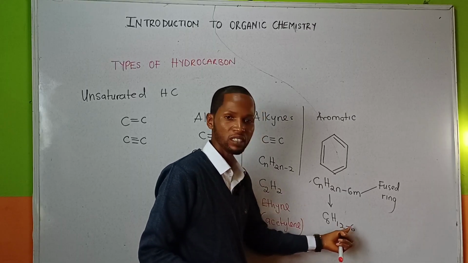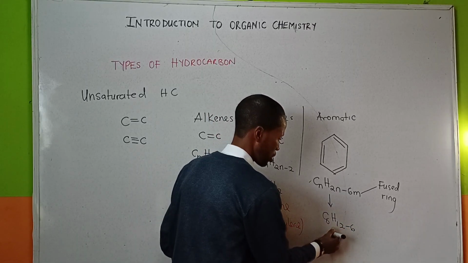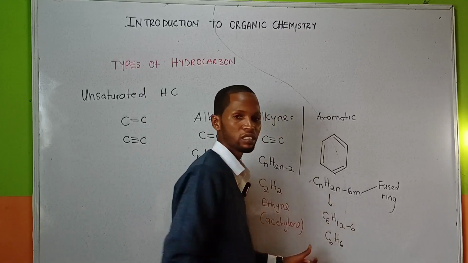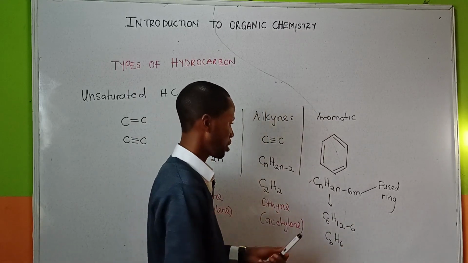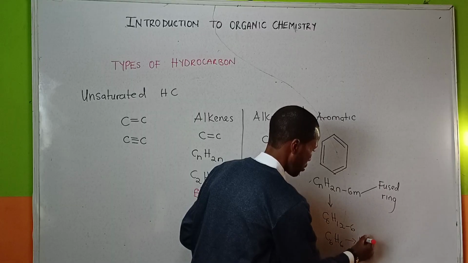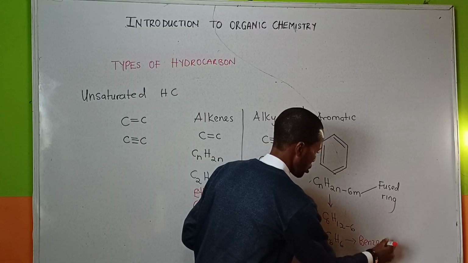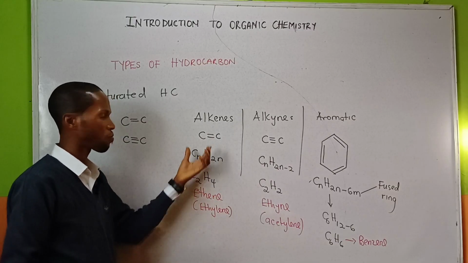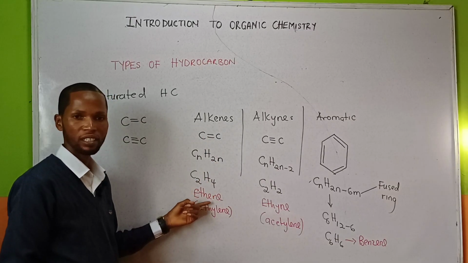So 12 minus 6 gives us 6. So we have benzene to be C6H6. Makes sense?